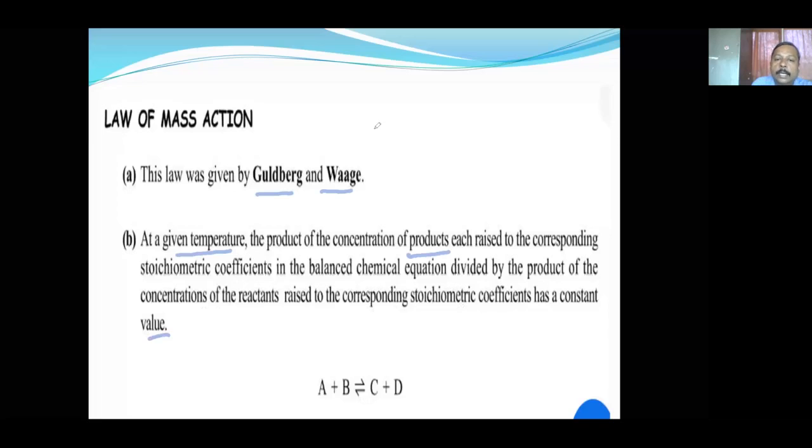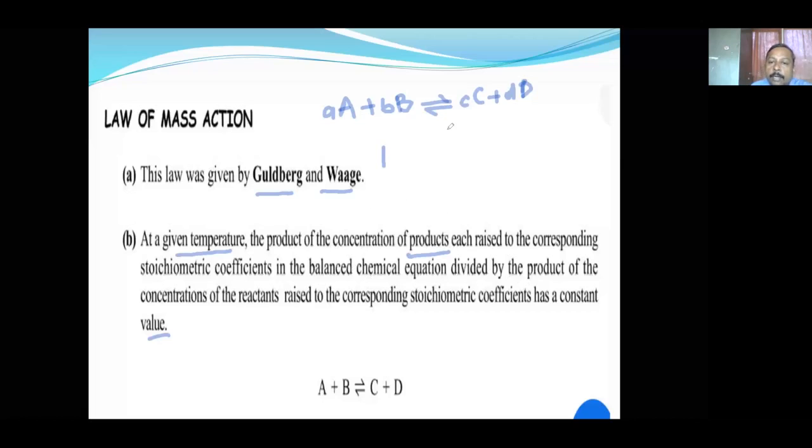That means let us take a simple reaction: a moles of A and b moles of B reversibly giving c moles of C and d moles of D. Here, with the stoichiometric coefficients, the product of concentrations of products divided by the product of concentrations of reactants will be a constant.